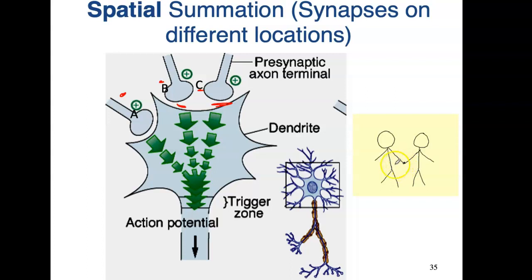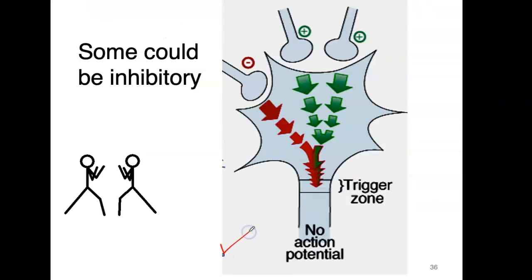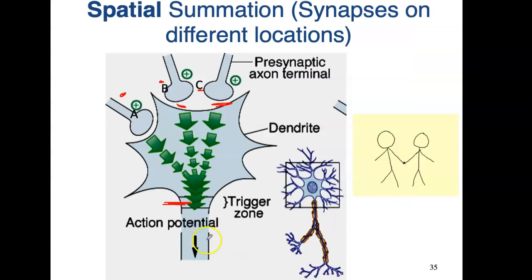My little stick people are now helping each other out. So the stimulation of A plus B plus C, you're summing them together, and they add up enough to reach the axon hillock, and yes, a potential will fire. You'll have an action potential firing. So that is spatial summation: synapses on different locations of that same cell body.